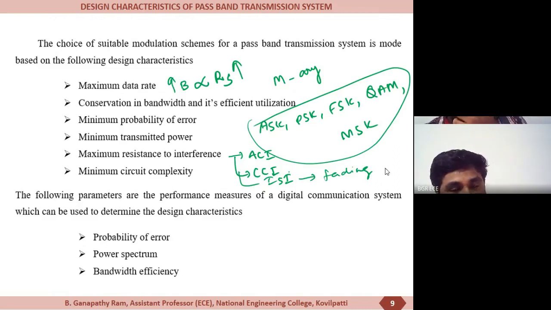All these things should be kept in control with the help of equipment such as equalizers or stringent filters in the digital receiver. So resistance to interference is another important design characteristic in designing a digital passband transmission system. Then is the circuit complexity.